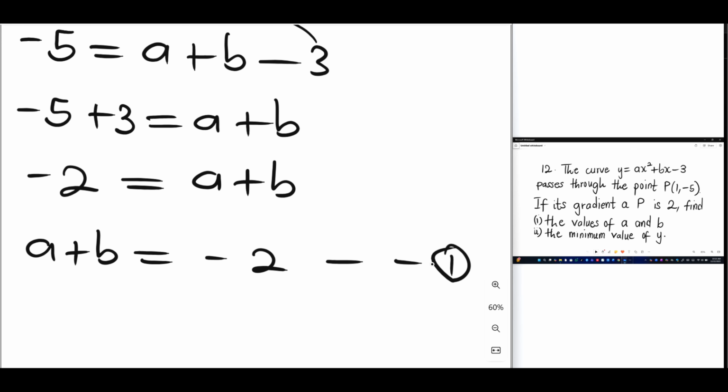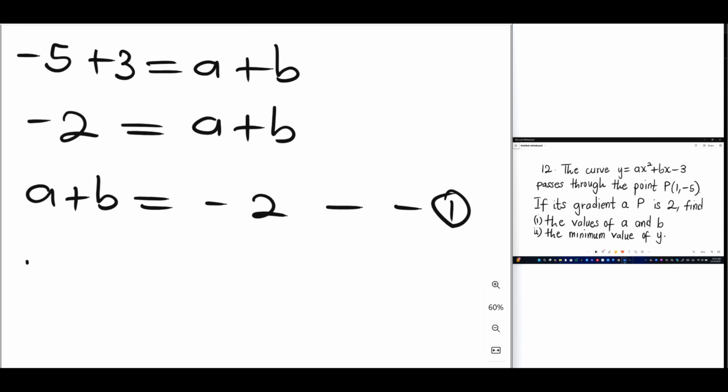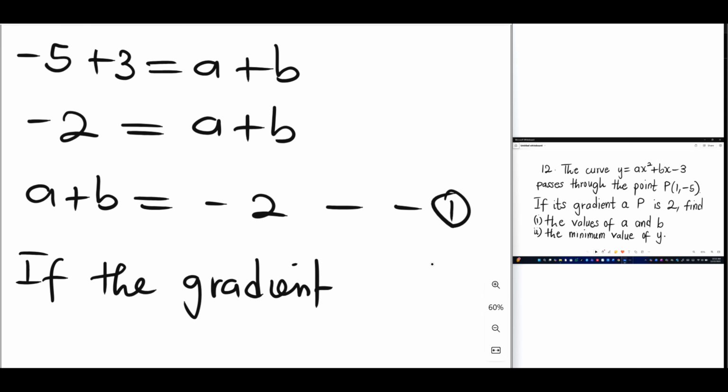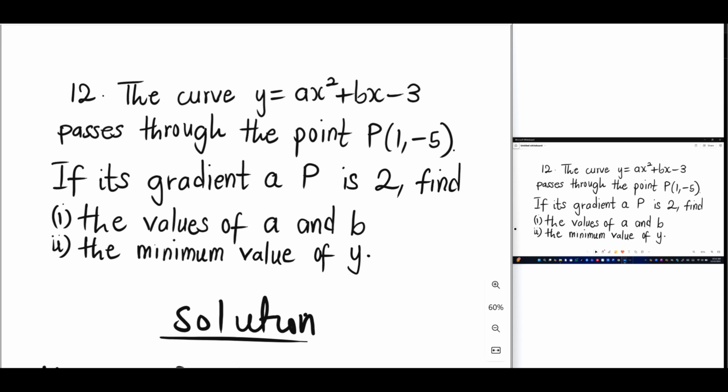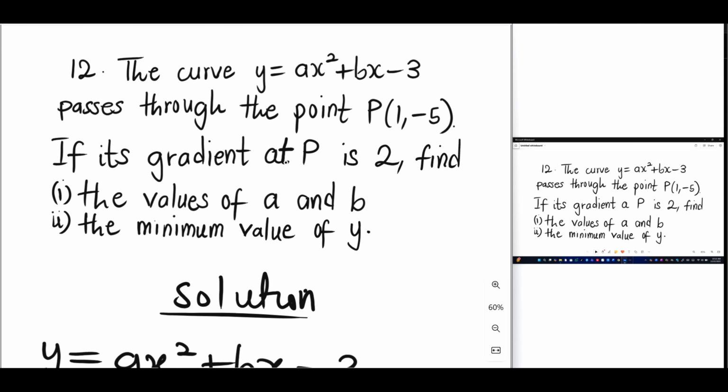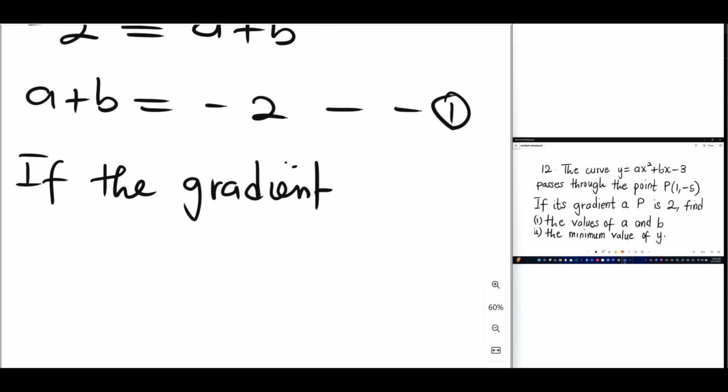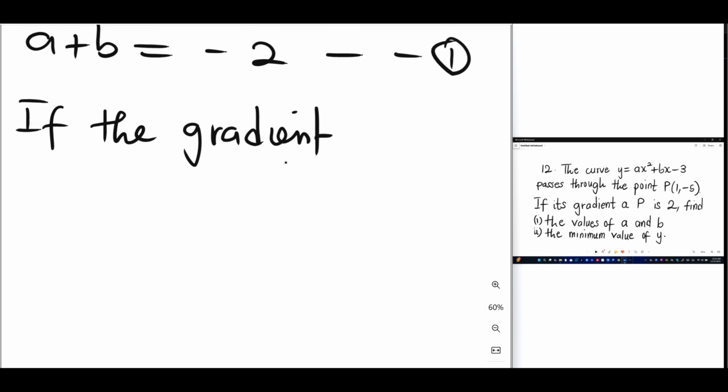We have been given another condition: if the gradient of the curve at P, let me correct it here, it should be at P. If its gradient at P is 2, this is what we are going to do.